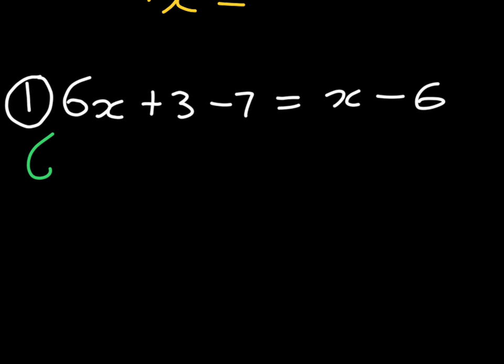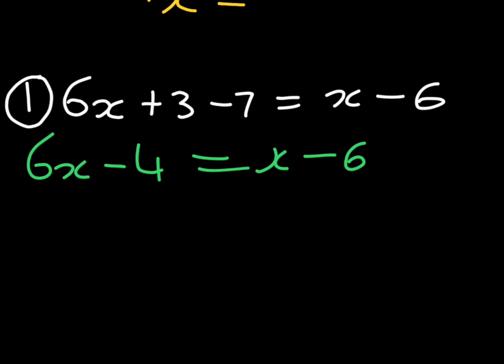So we will get 6x. Now, positive 3 minus 7 gives us negative 4, and that equals x minus 6. And now it's a lot more straightforward to move this 4 across instead of individually moving the 3 and then moving the 7. So we know that we need to move this negative 4 to the other side.